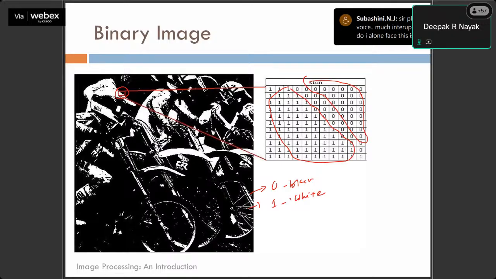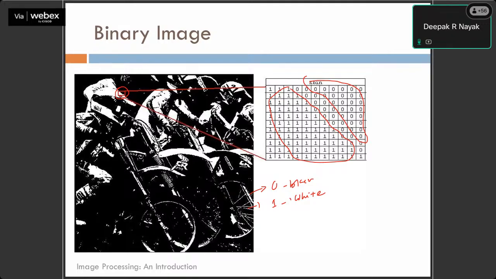Now, if I ask you a question, what is the brand name of the bike? Probably you will face a lot of difficulty telling me the brand. It is there in this image, but not exactly visible, because there are only two colors through which you are trying to visualize everything.